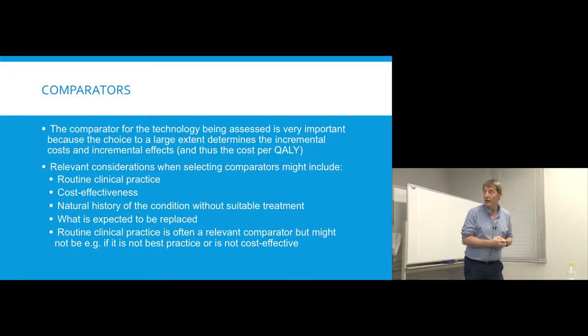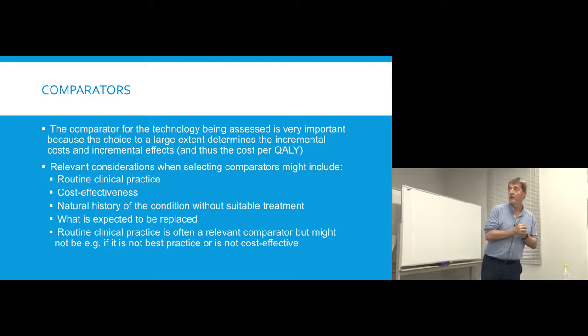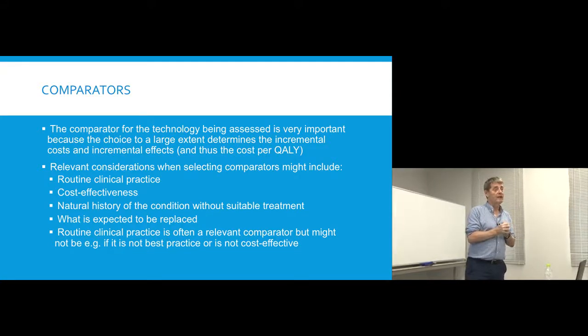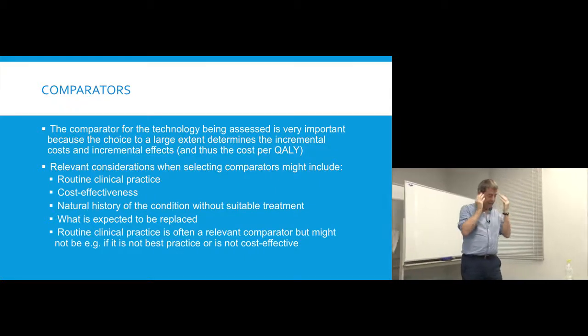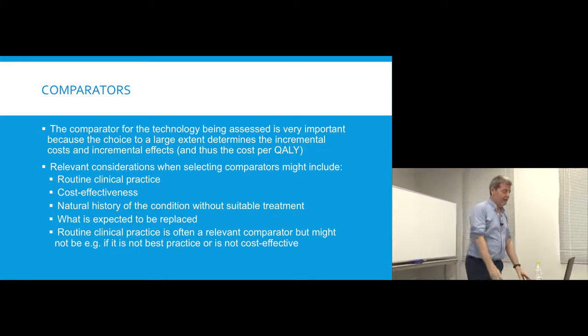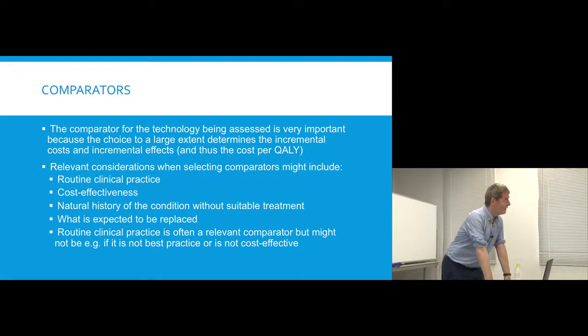So in that condition, what is routine clinical practice? Well, until recently, the routine clinical practice in England was to give a particular drug. I'm going to struggle to remember the name of the drug, it'll come back to me. But to give a particular drug, I think it was a 200 milligram dose.